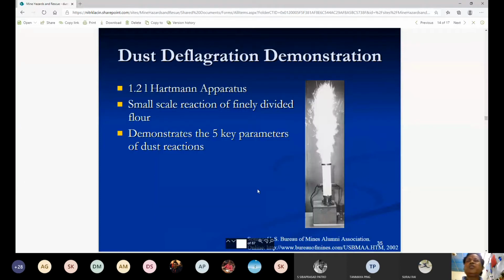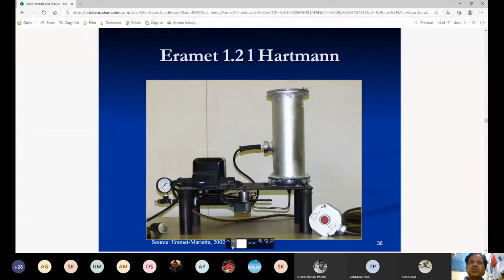This is the Hartmann apparatus, used for demonstrating the coal dust explosion. It is a small scale reaction of finely divided flour dust, and it demonstrates the 5 key parameters of dust reaction.